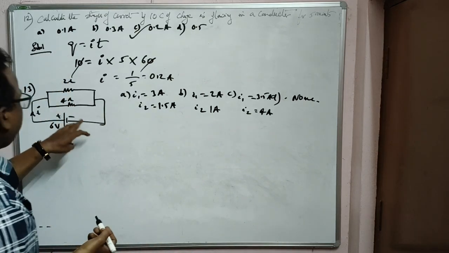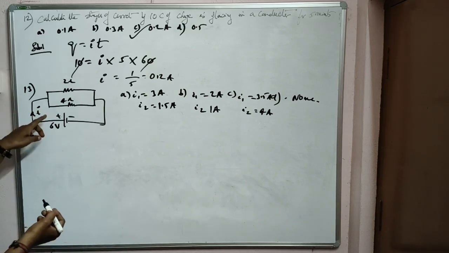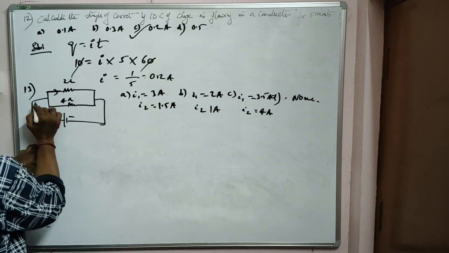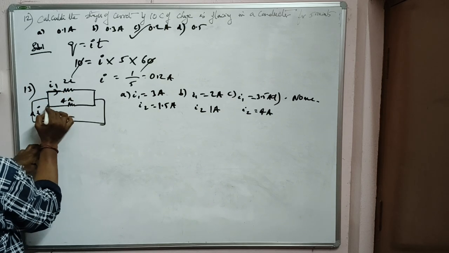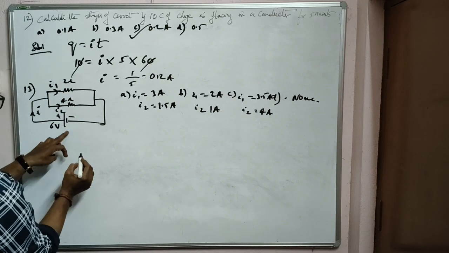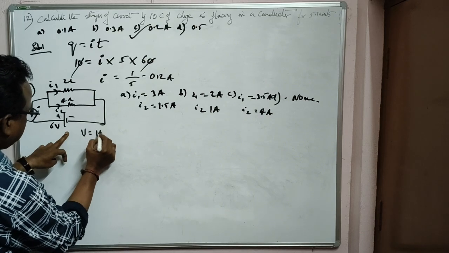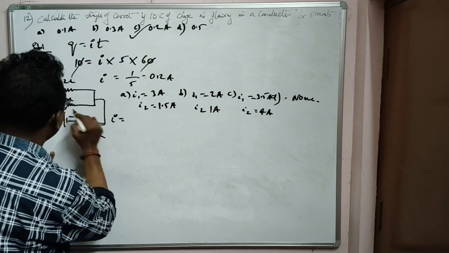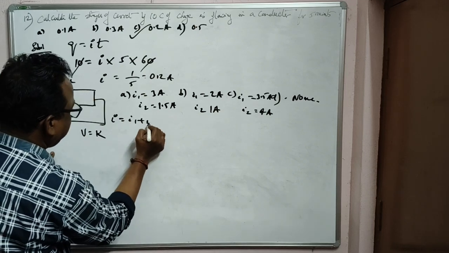Now this one is a very easy one. Already I told you about parallel connections. In a parallel connection, what happens? Current is distributed. You can see here I is the total current coming in, here is I1 and here is I2, and V is constant. Whatever I is going is distributed as I1 plus I2.